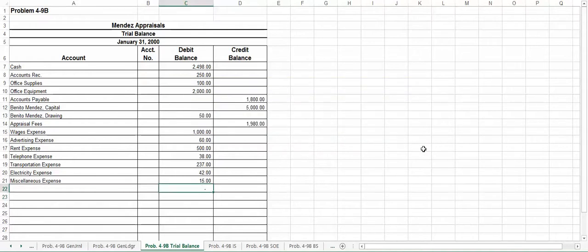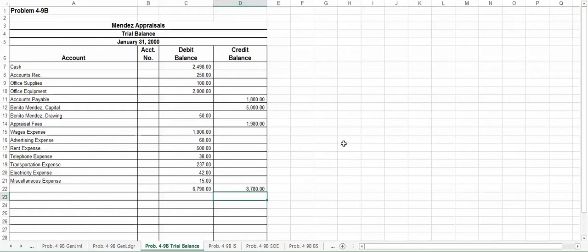If you don't want Excel to do it, you can do the math yourself. For the sake of time, I'm just having Excel do it. So if you look, we did something not quite right.